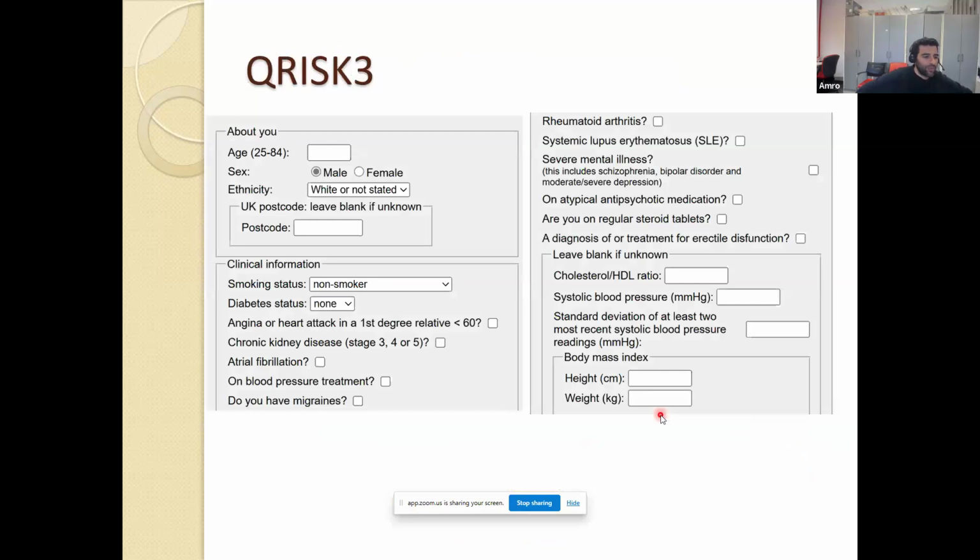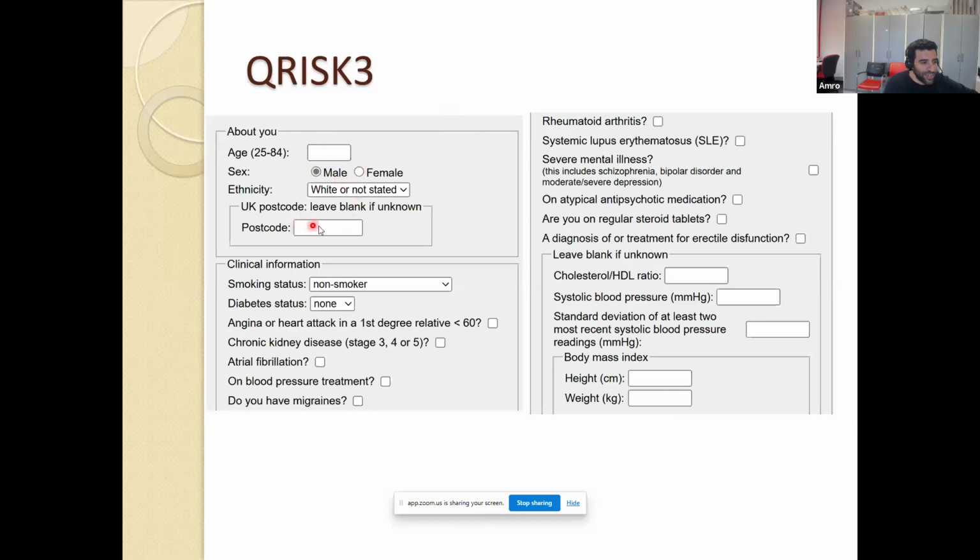This is QRisk 3. If I had a patient that came to me and they find that they have high cholesterol, then I will say, okay, this is primary prevention, they've not had a heart attack, they've not had a stroke, so I'm trying to work out whether I put them on a statin. Fill in all their details, their age, their gender.